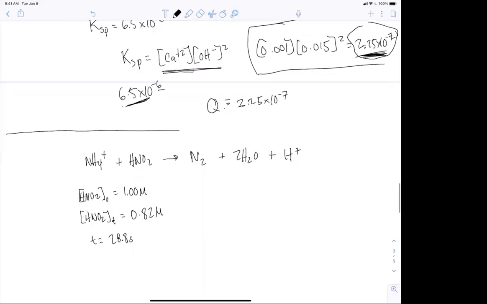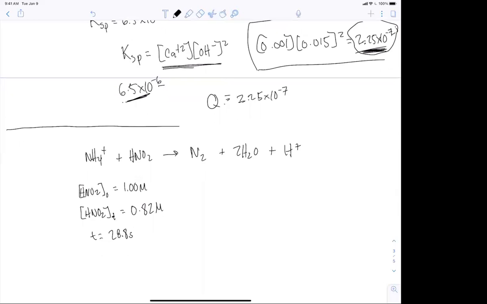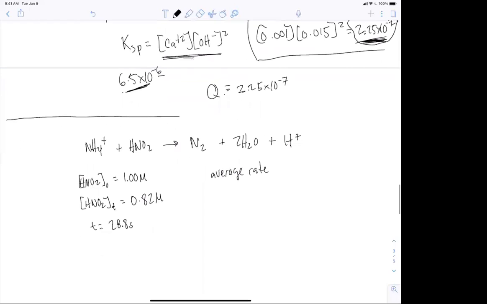All they're asking for is the average rate. You can think about it as, I'm trying to think of like if you're in a car or something. If you're going 100 miles per hour, is that the right way to think about it? Because time, concentration is more like distance.